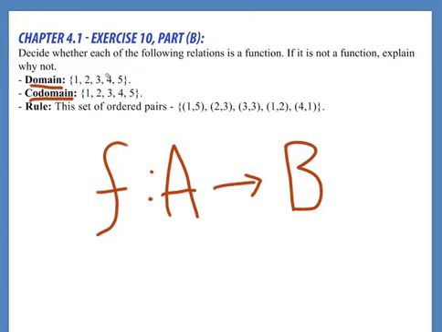And for every input, there needs to be an output. So each of these has to have an output, but there can't be more than one output.